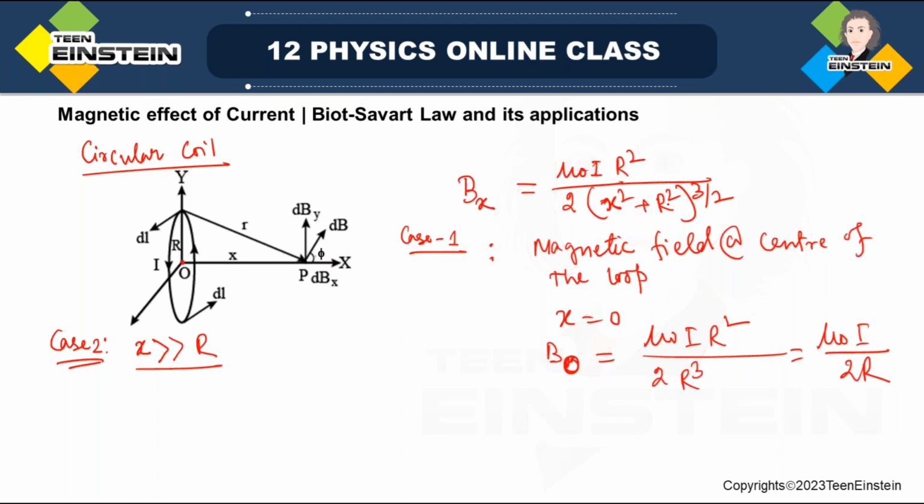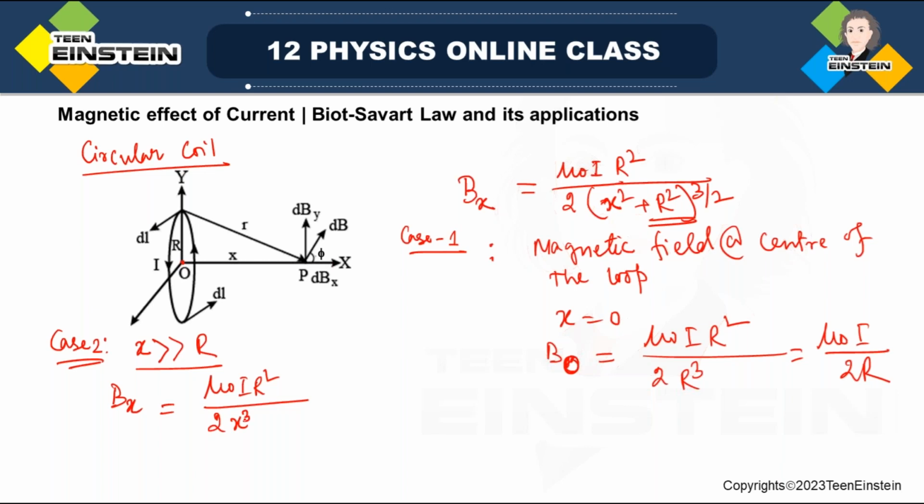In that case, in this expression, we can neglect the R square. So in that case, what will happen? Bx will be mu0 I R square divided by 2. See, R can be neglected here, right? So this will be x cube.